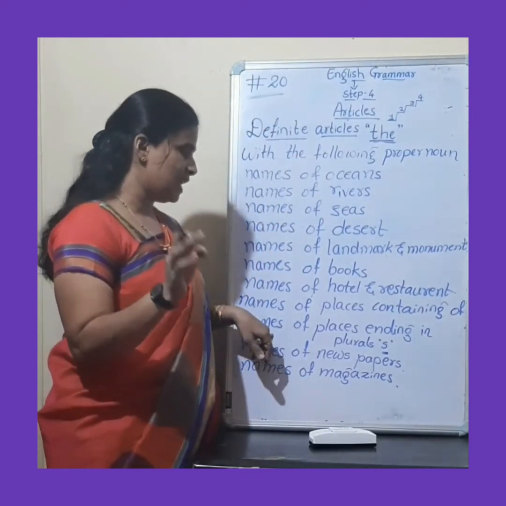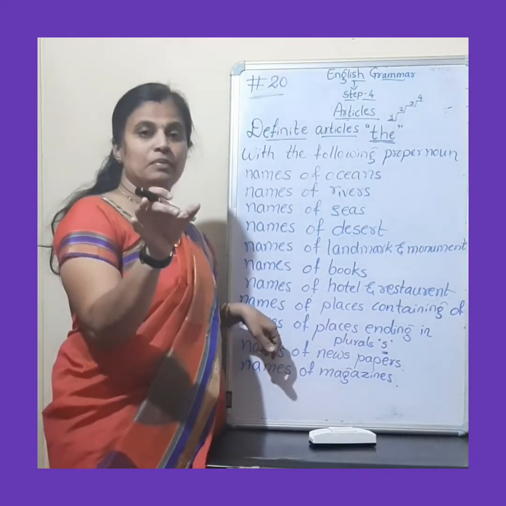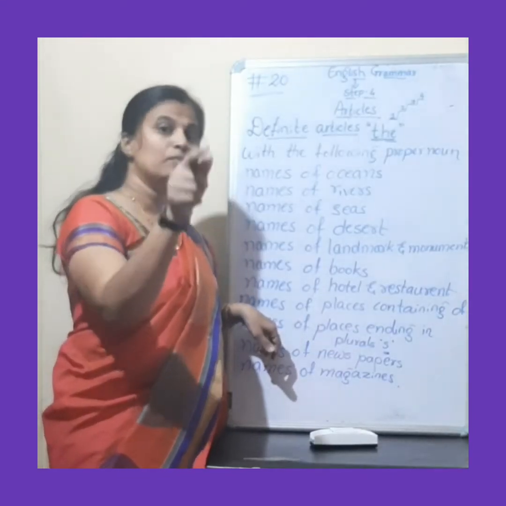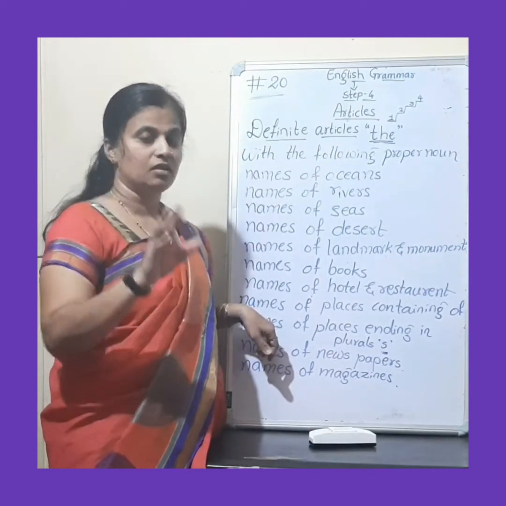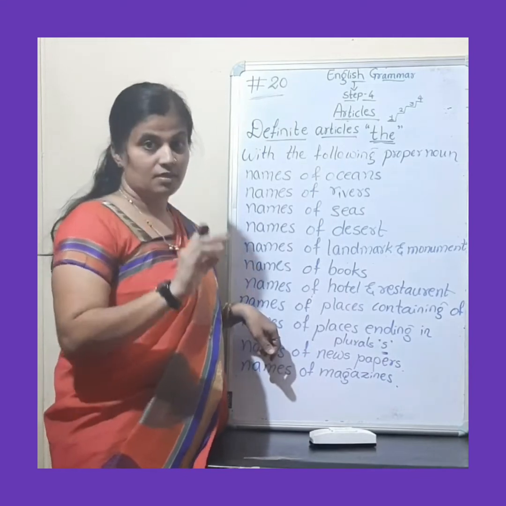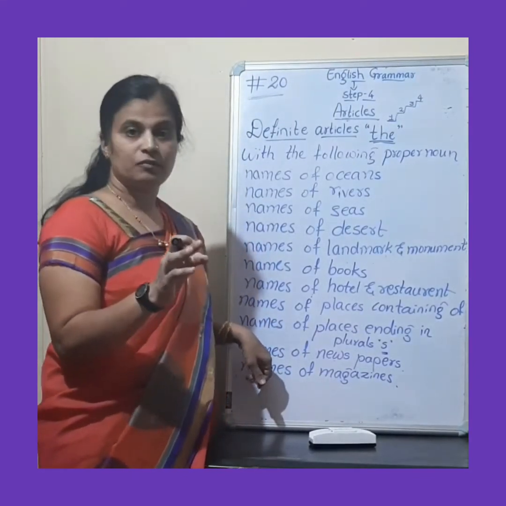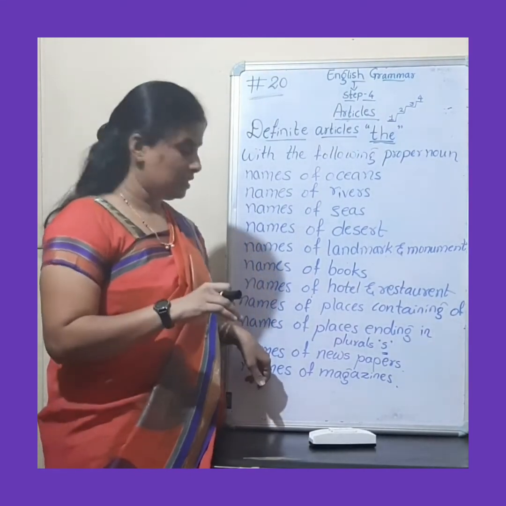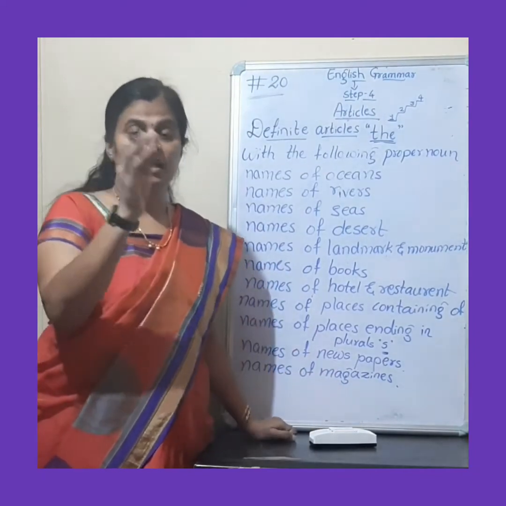Names of places ending in plurals. If a country's name ends with a plural s, then we can use the before the country's name, for example, the Philippines. Next, names of newspapers, for example, the Deccan Herald. Before the names of magazines, for example, the India Today.